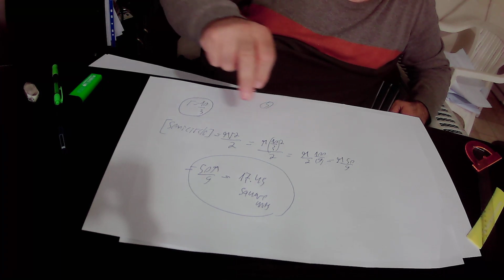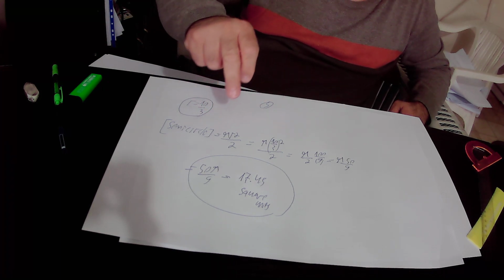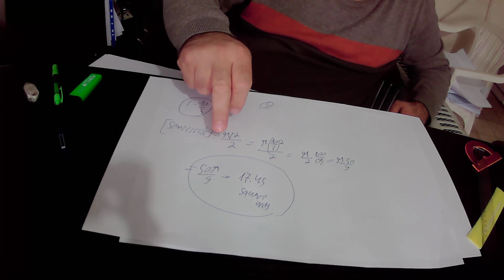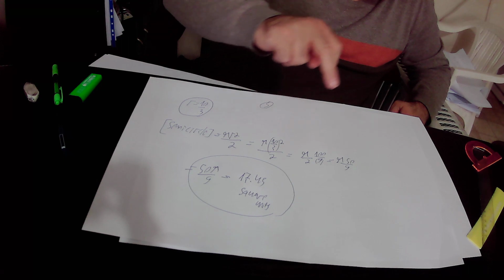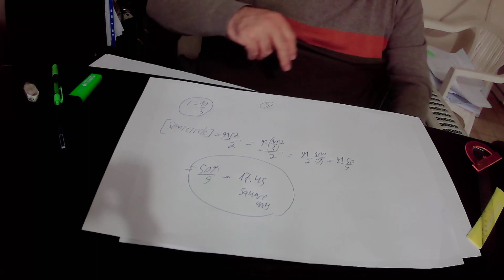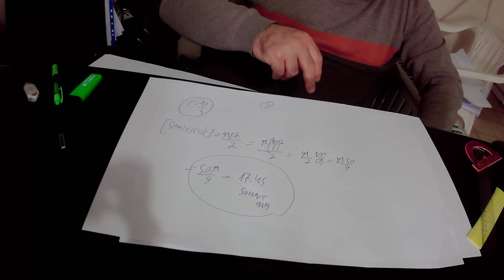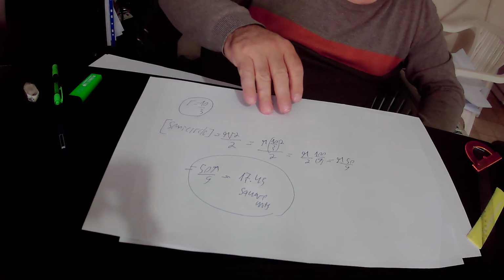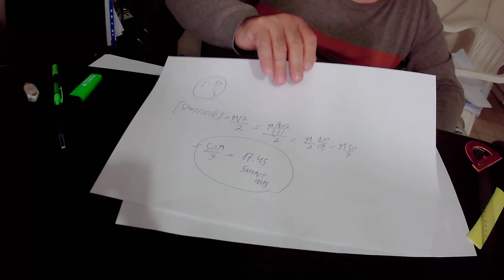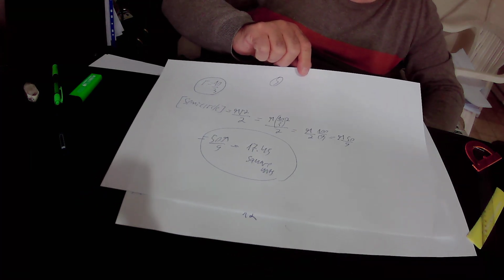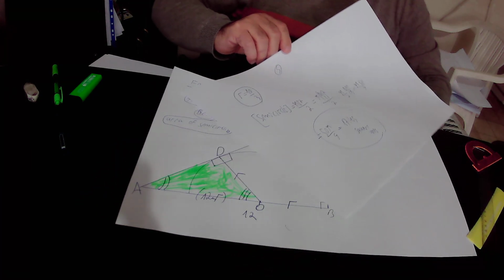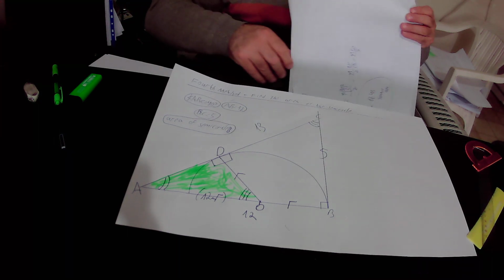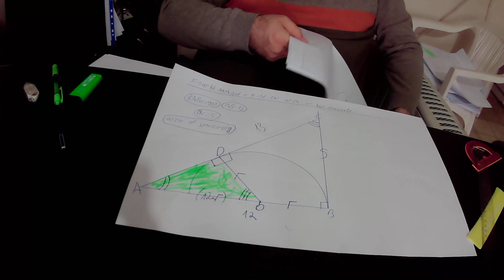So we found that the area of the semicircle equals 50 pi over 9 square units, or in terms of numbers, the area of the semicircle equals 17.45 square units. Okay, so this was the first method.